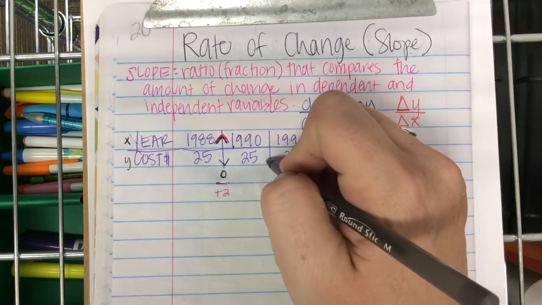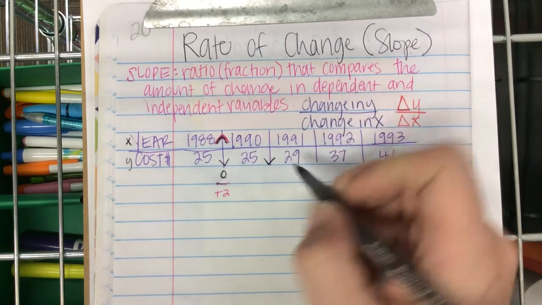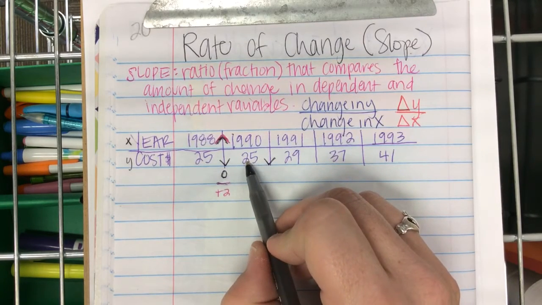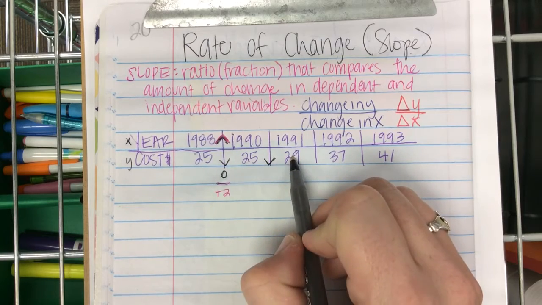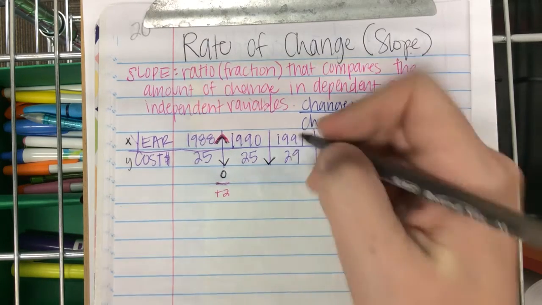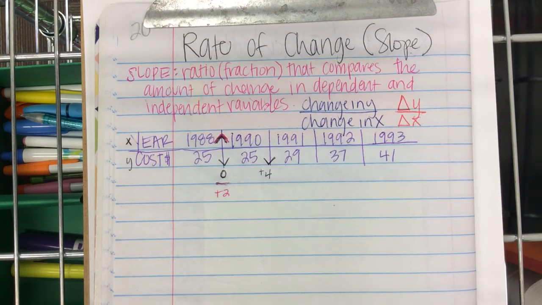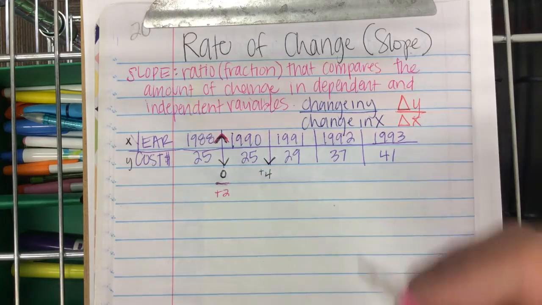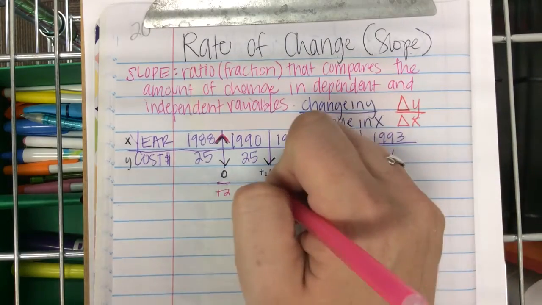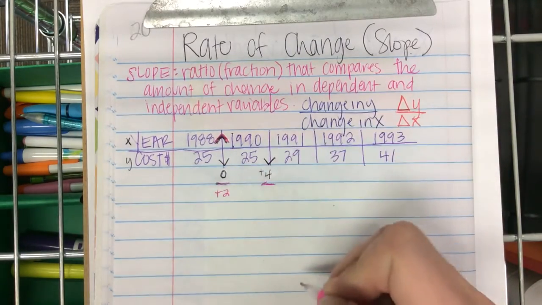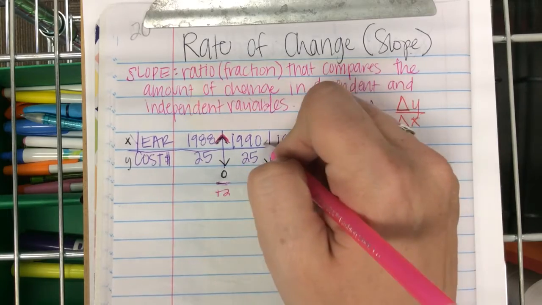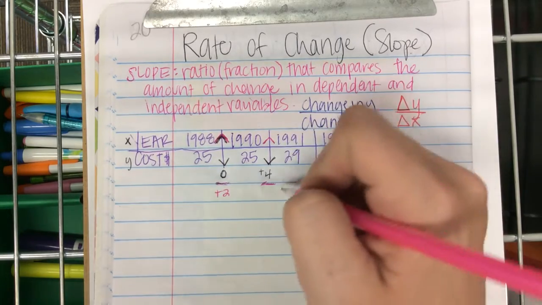Then we're going to find the change in Y from 25 to 29. 4, plus 4, positive, right? The plus doesn't really need to be there since it's positive. If it was a negative, we'd put the negative sign. Over from 90 to 91. 1.